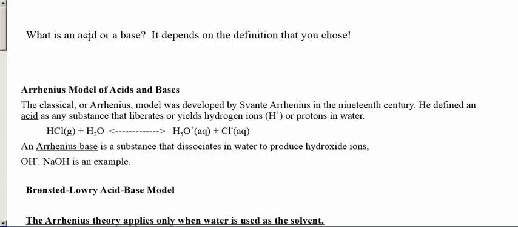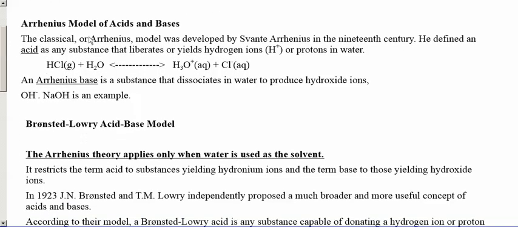All right. What is an acid or a base? There are a number of definitions, and we're going to run through them now, so it all depends on what type of definition we're looking at. The definition you would know from grade 11 is the Arrhenius model of acids and bases. It says that an acid gives off an H plus ion in water, like HCl.